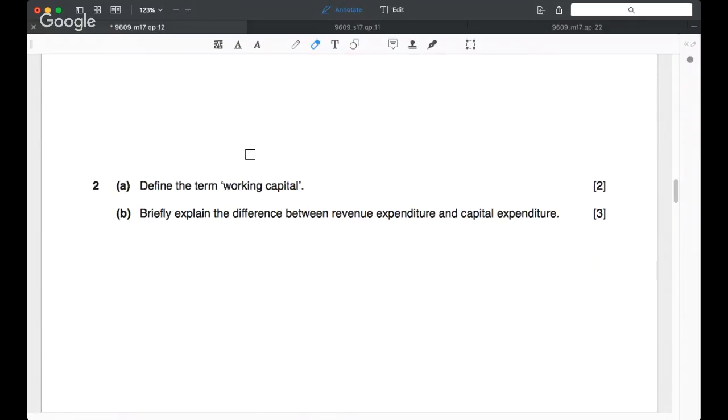It's the capital needed to pay for day-to-day running costs, for example your raw materials, if you're a manufacturing business. The credit that's offered to customers is also capital. In accounting terms, working capital equals the current assets minus your current liabilities.